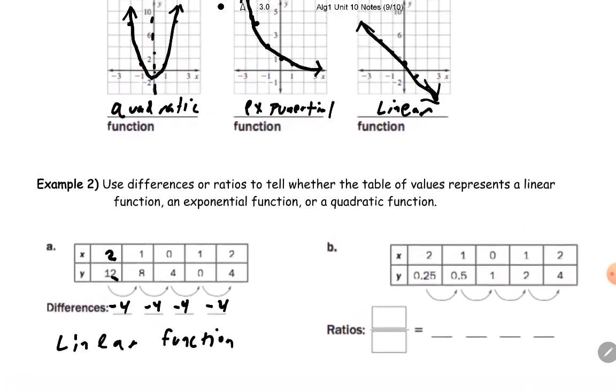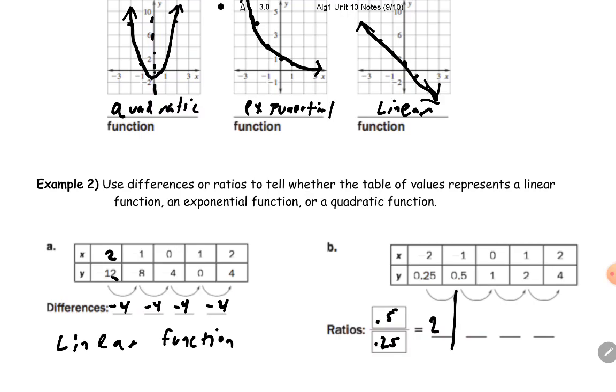All right, part B. We can easily tell that the differences are not going to be the same, because the difference between 0.25 and 0.5 is 0.25, but the difference between 0.5 and 1 is 0.5. So those are different. So we're going to look at the ratios, and we're going to put the second number over our first number, and that's going to give us 2.